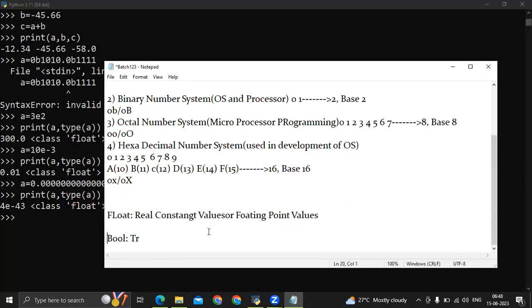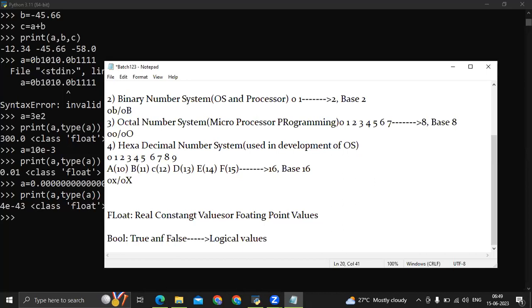It stores the value in the form of true and false. So whenever we talk about the bool, it stores the value in the form of true and false. True and false are the logical values of bool.